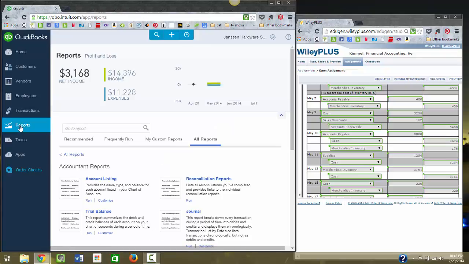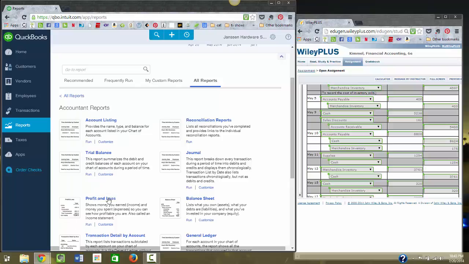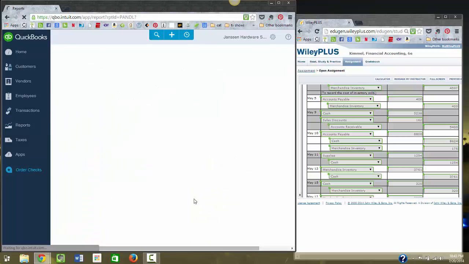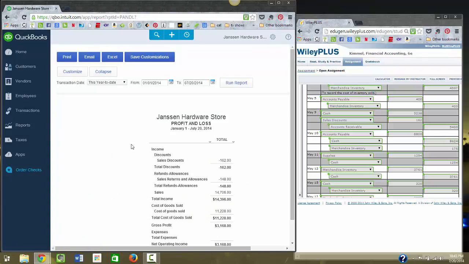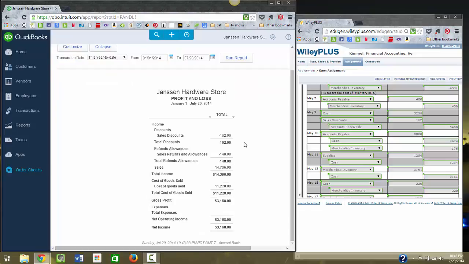Okay, and we can also look at, if you're looking for the income statement, they call it profit and loss. You can always relabel it to say income statement if you wanted. Right now we have it for a period of January 1st to January 20th, and the only entries we put in that would show up as income are the May transactions.